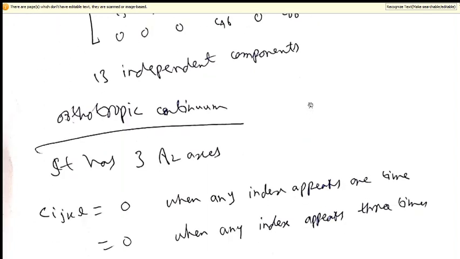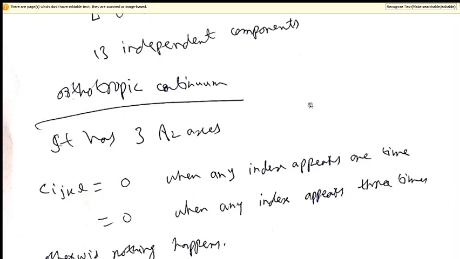Now orthotropic. This type of continuum has 3 A2 axes simultaneously. There are three A2 axes, as monoclinic has one A2 axis, and we have taken either x1 or x2 or x3. Here we have three A2 axes, so we have to take x1 along A2, x2 along A2, and x3 along A2 simultaneously for this continuum.